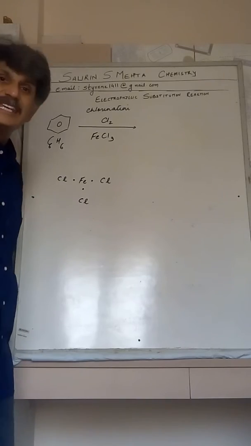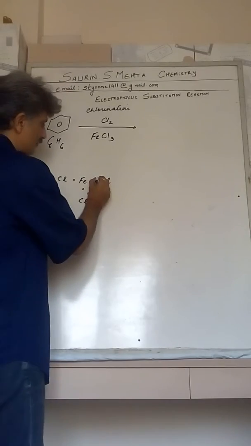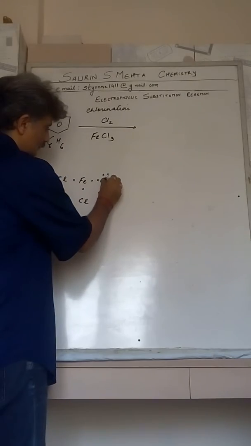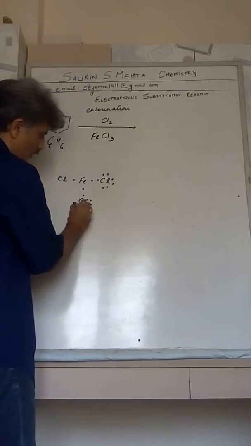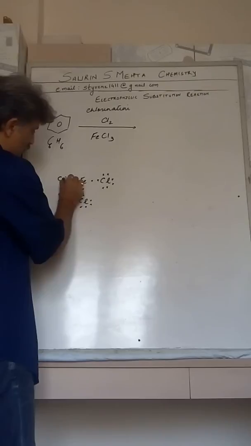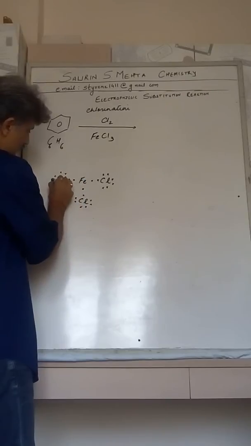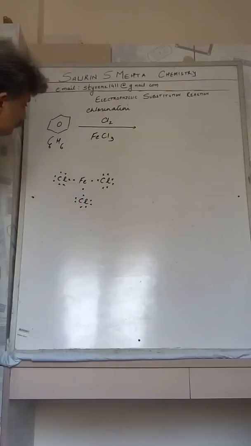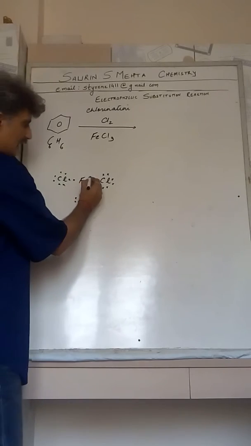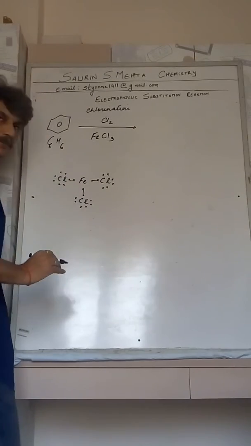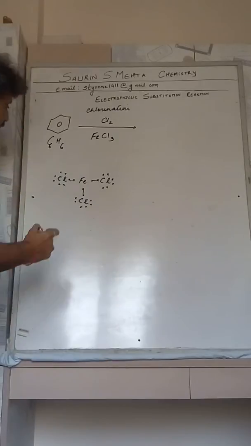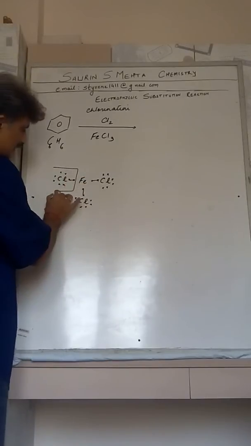And you know very well each chlorine has got 7 valence electrons. I am showing all the 7 valence electrons for each chlorine atom, as you can see over here. So the valence electron of Fe is shared with the valence electron of chlorine, making every chlorine atom complete its octet.